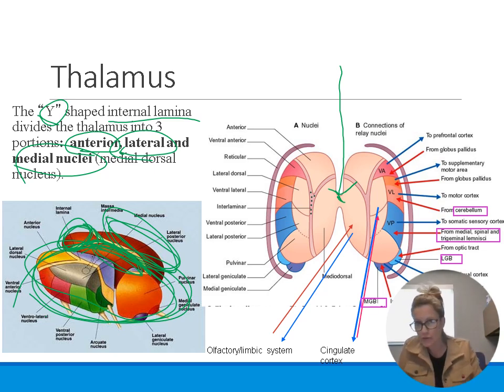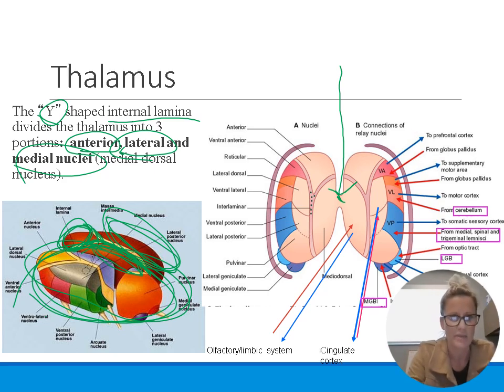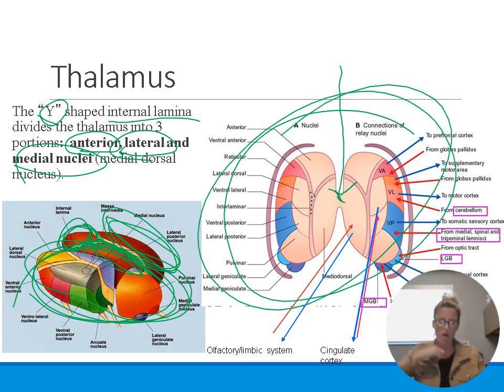The reticular nucleus, part of the reticular formation, is connected to all thalamic nuclei, right? All of this sensory information and motor information and emotions, all of these thalamic nuclei are connected to the reticular nucleus.